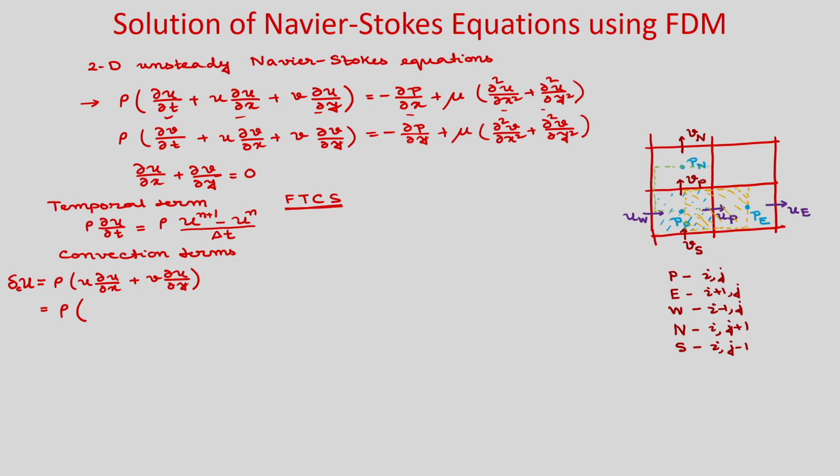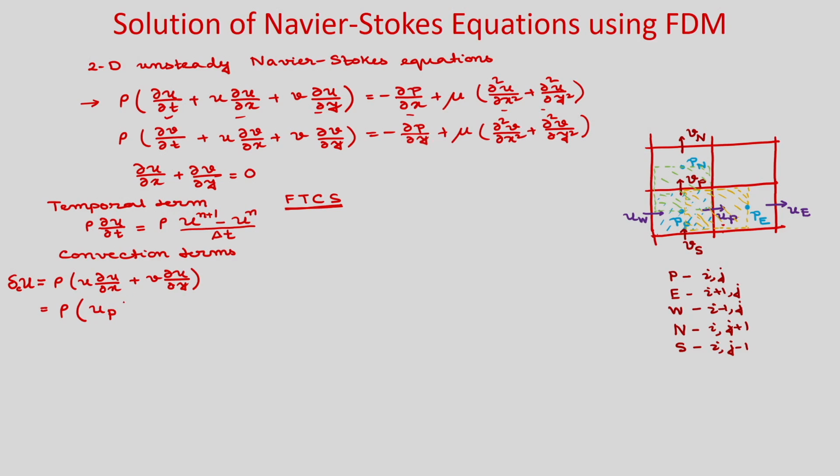Now we can write u del u by del x for this u control volume. You can write u P times del u by del x, and del u by del x we need to use central difference.